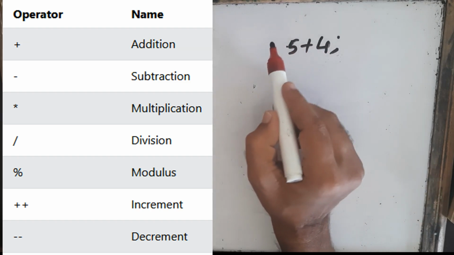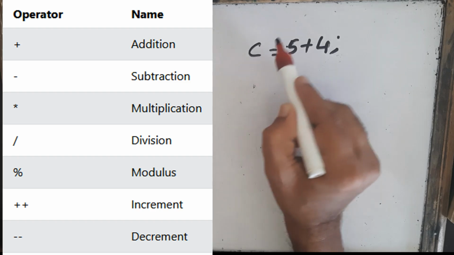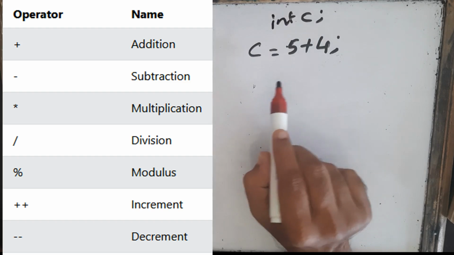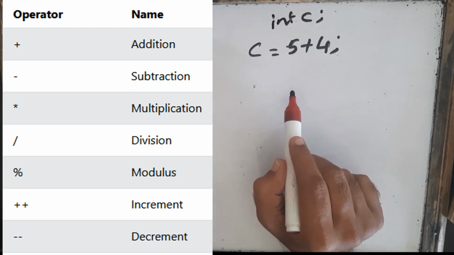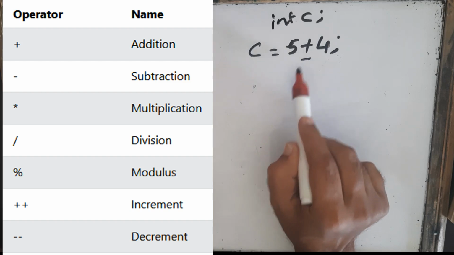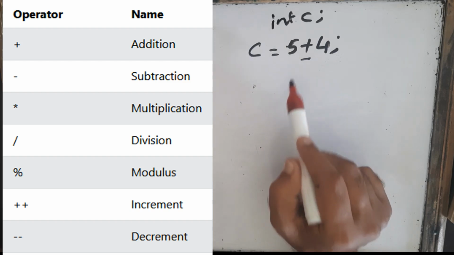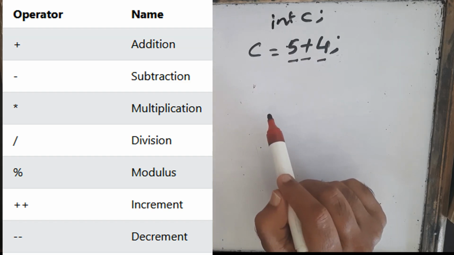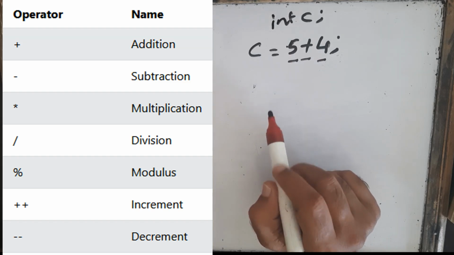Say for example, int C is equal to 5 plus 4. This operator will add two integers, 5 plus 4. That means C will become 9.